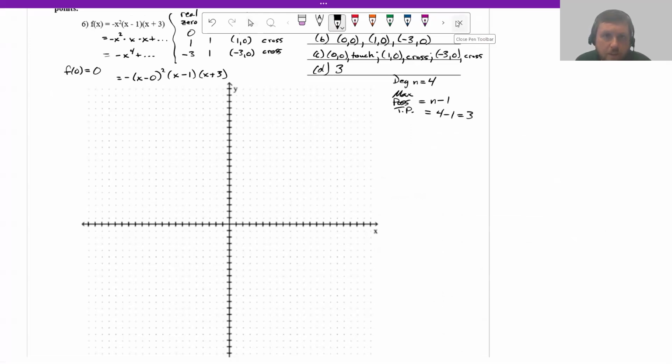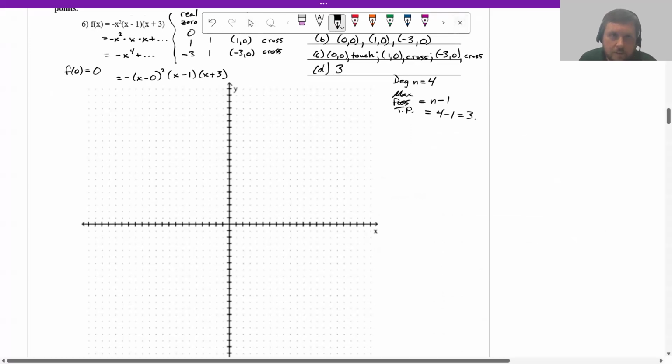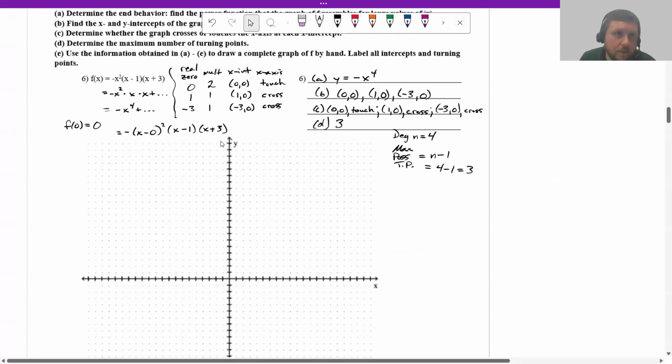Well, we didn't really get any height on anything, so we could find an additional point on the function. We could plug in some other number.